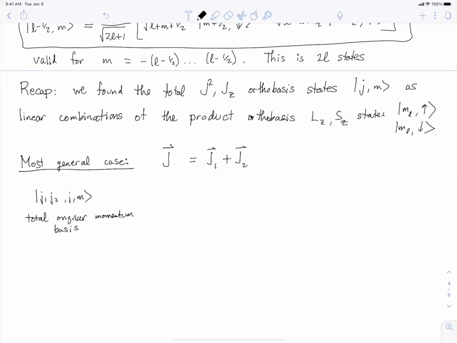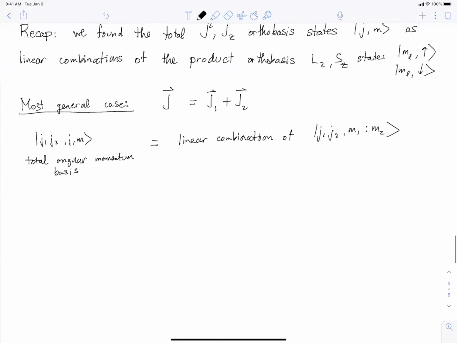This is a linear combination of |J1, J2, M1 : M2>. Sometimes I put the colon in there to distinguish this set of four numbers from that set of four numbers.